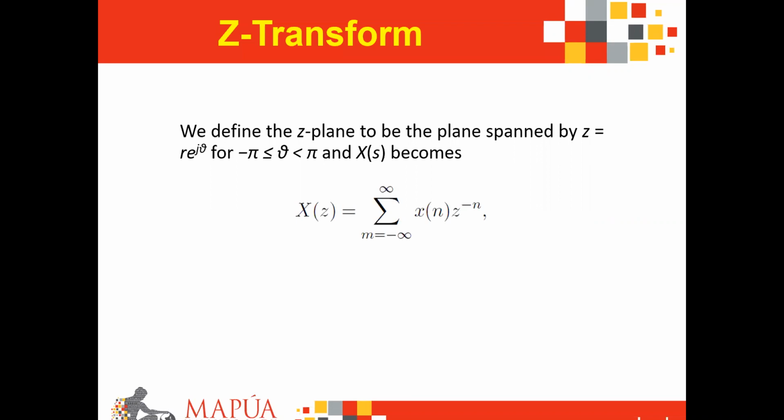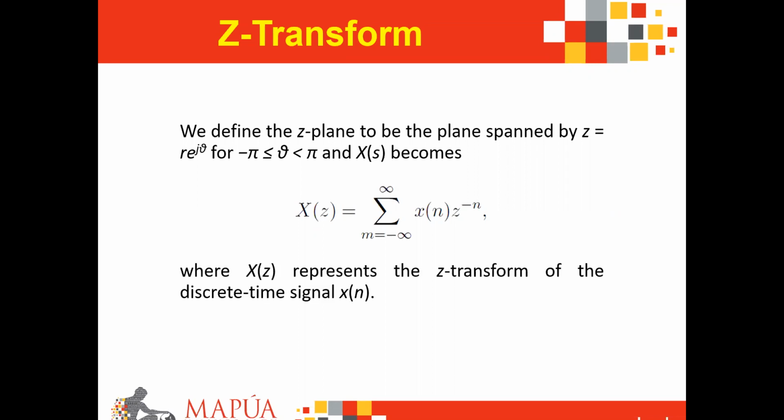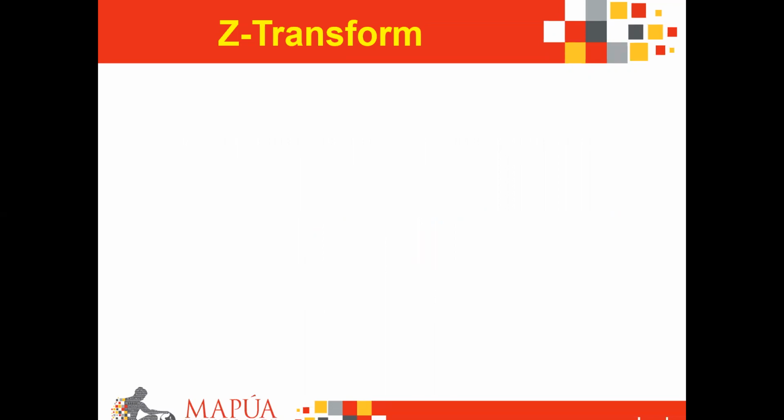So lalabas x of n, and then you multiply that with z raised to negative n. So your value for n basically starts from negative infinity to positive infinity. Thus, your x of z now represents the Z transform of your discrete signal.